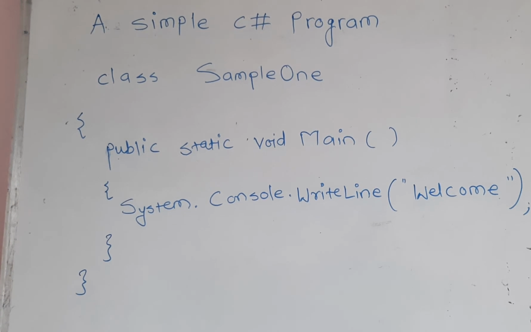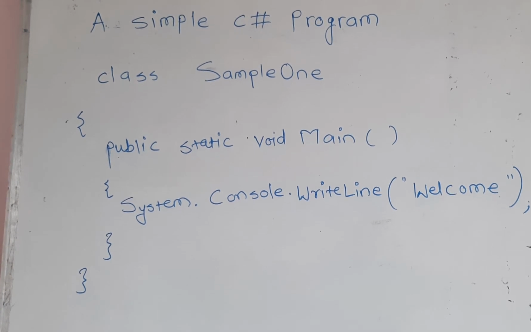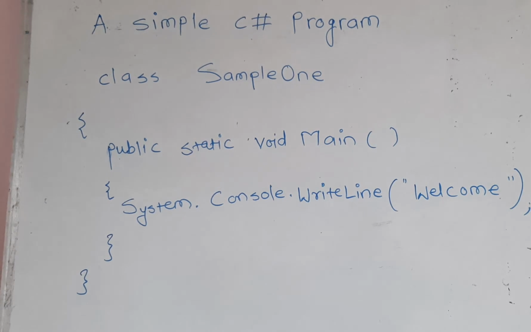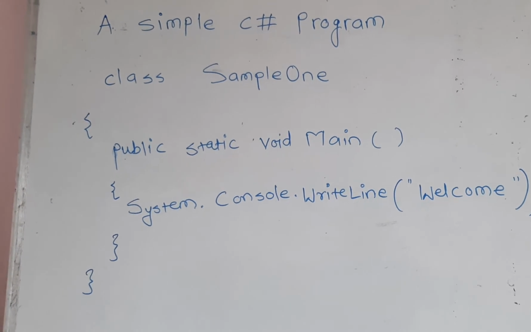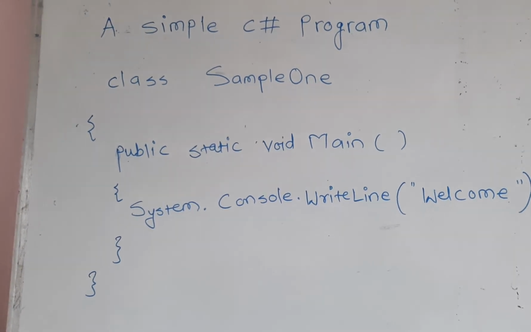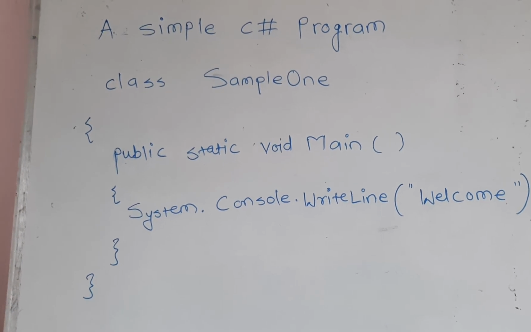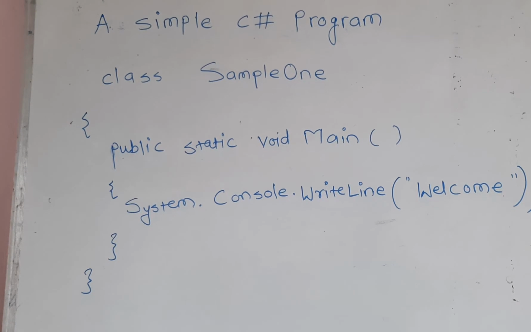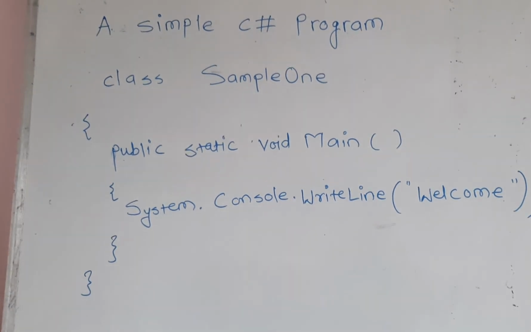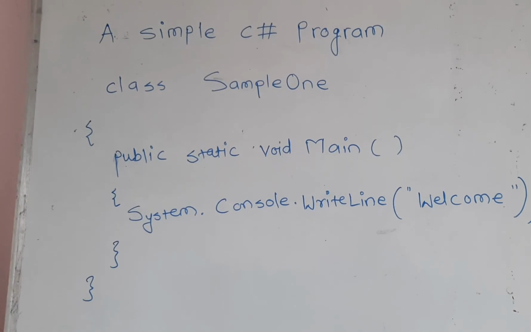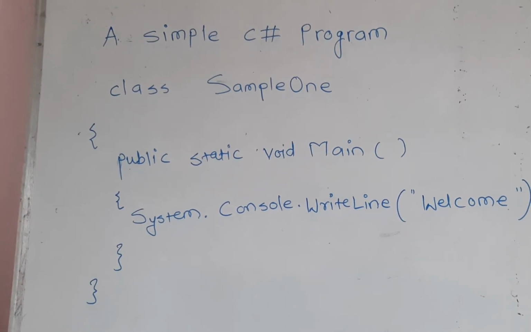So System dot Console dot WriteLine, and we open a bracket, because WriteLine is a method. In that simple bracket, in double quotation marks, we write whatever message we want to display.